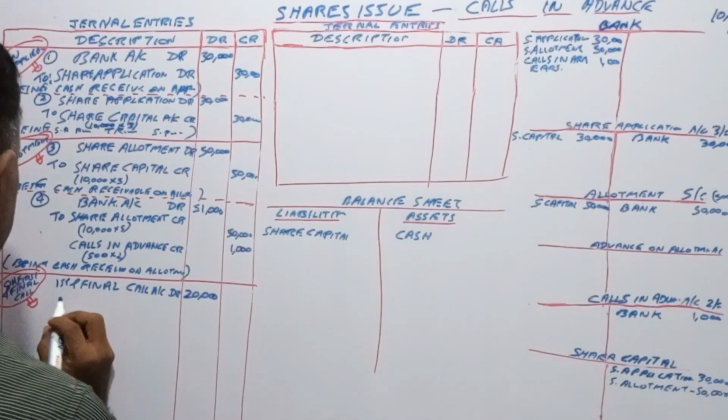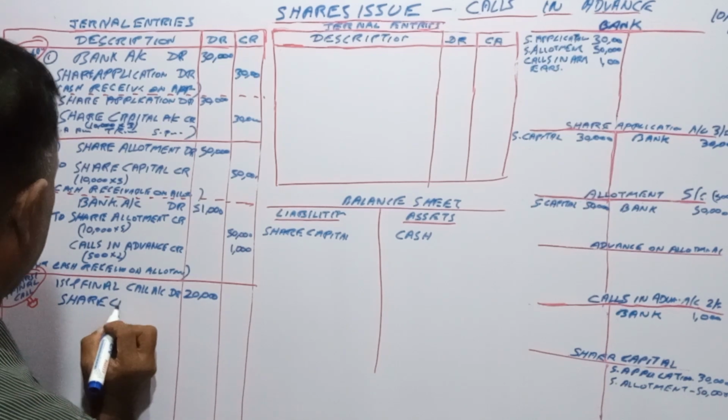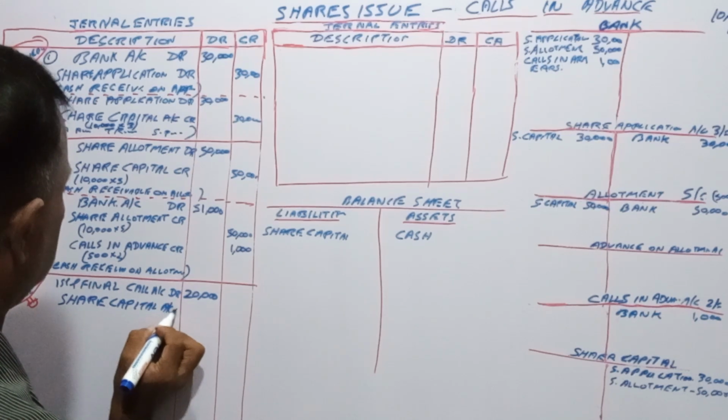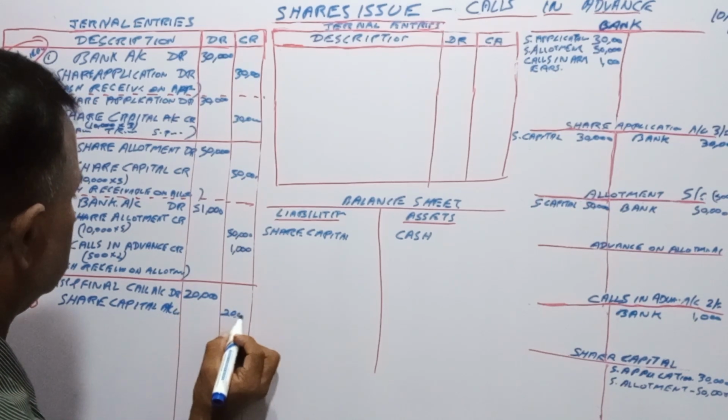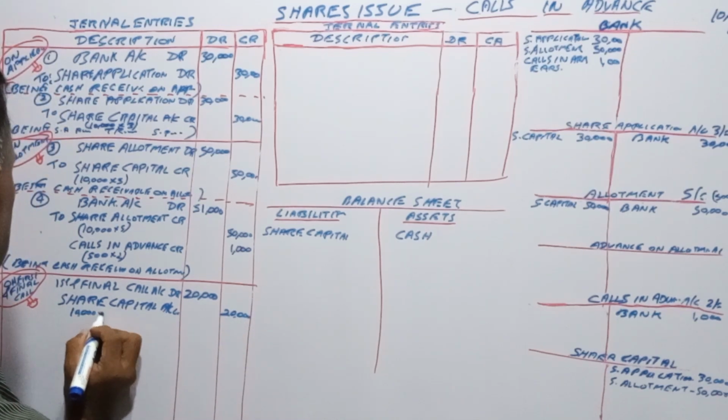Share capital account credit 20,000. That is 10,000 into 2.